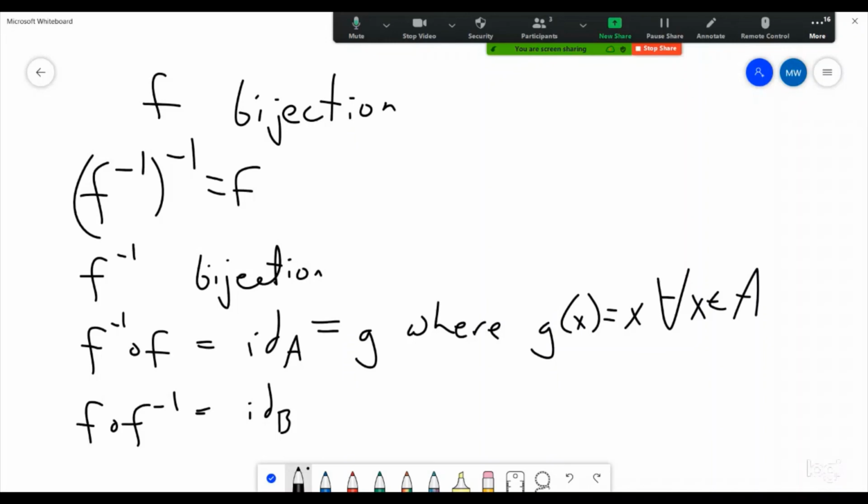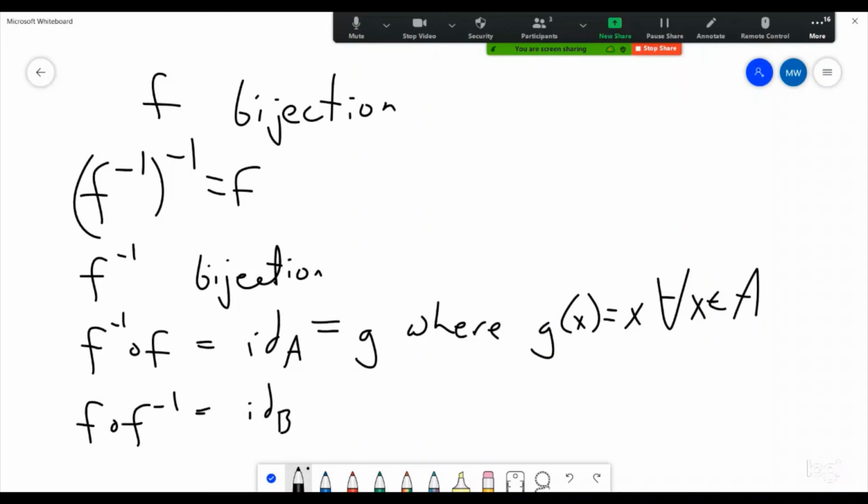So f inverse of f just basically does nothing, so it's just a function from A to A that sends everything to itself. So that's what the identity ID sub A means. So is it kind of like a relation? So it is a relation, and then you're just proving that it's not only a relation, but this specific function.